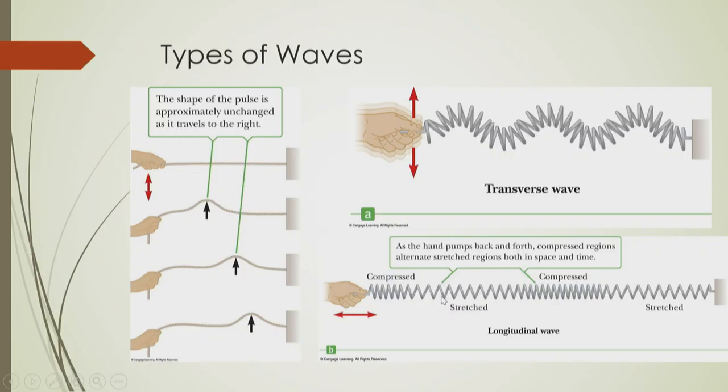We can see that move through, and this is a sound wave. A sound wave is a longitudinal wave. Both of these waves, as we're demonstrating, require a medium. It can be a string, a slinky, air, water, a lot of different things.